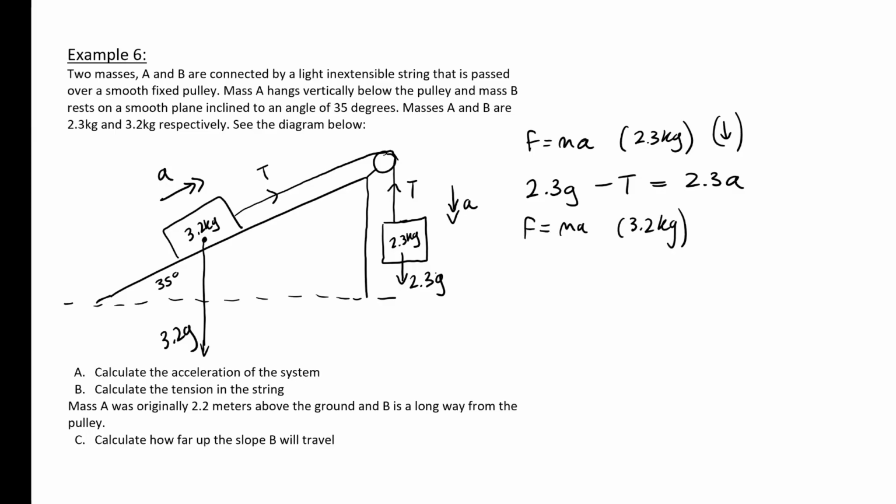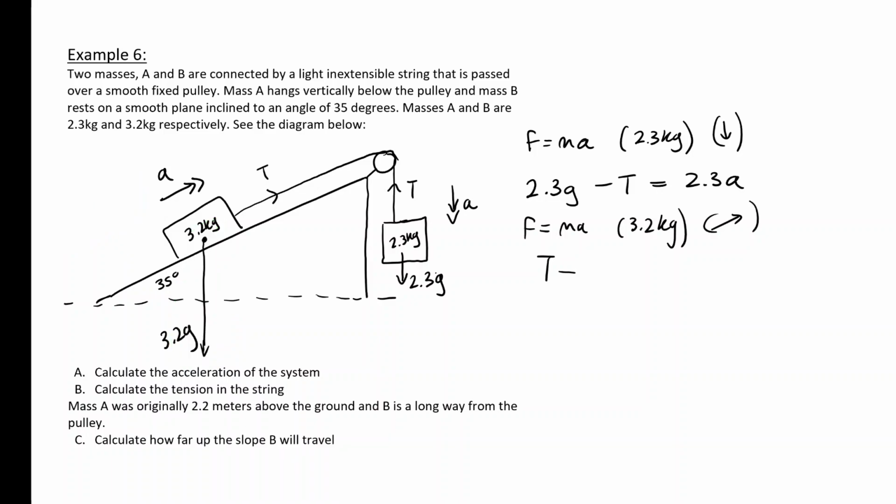This one accelerates along the slope, so we'll make our positive direction up along the slope. So tension is definitely acting up along the slope. For the next bit, if we look, the weight actually acts straight down. It's not aligned with this direction up the slope.